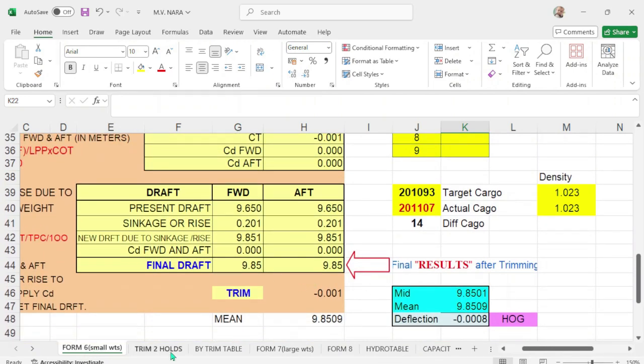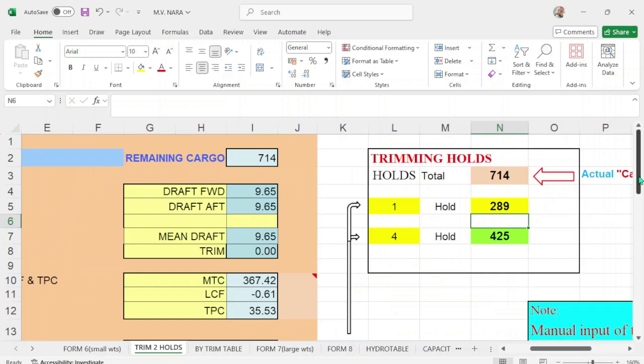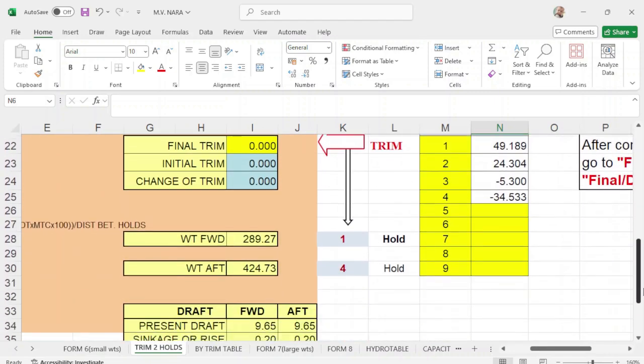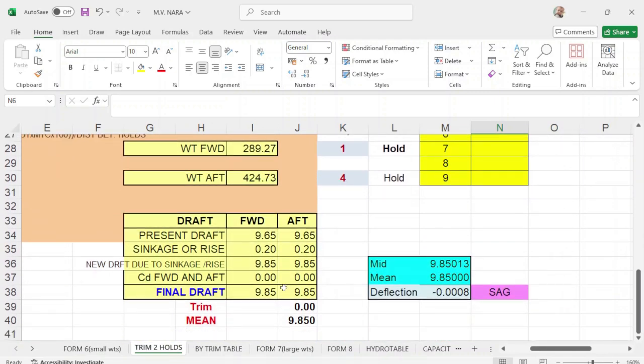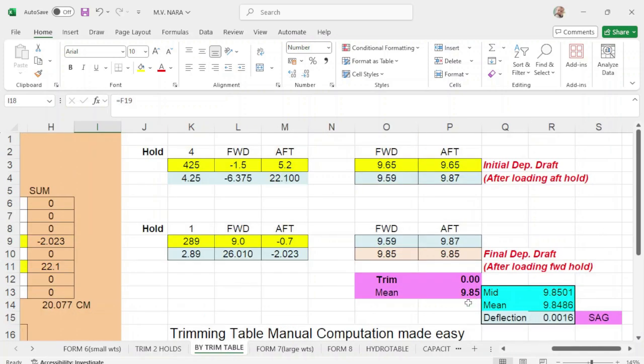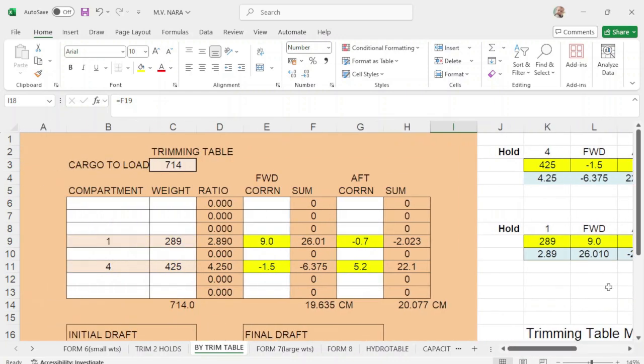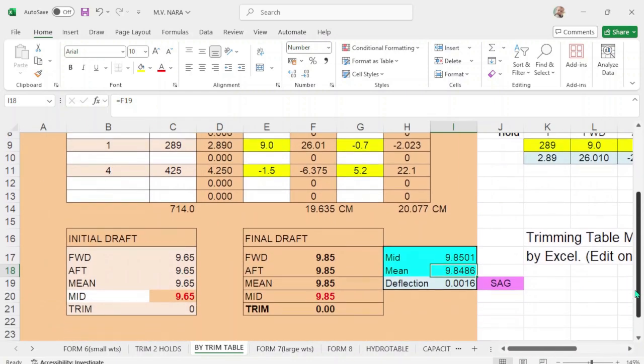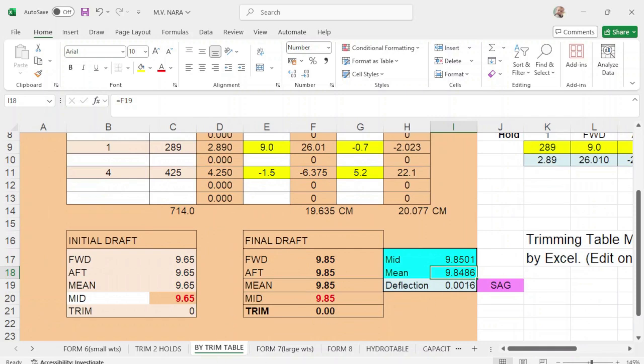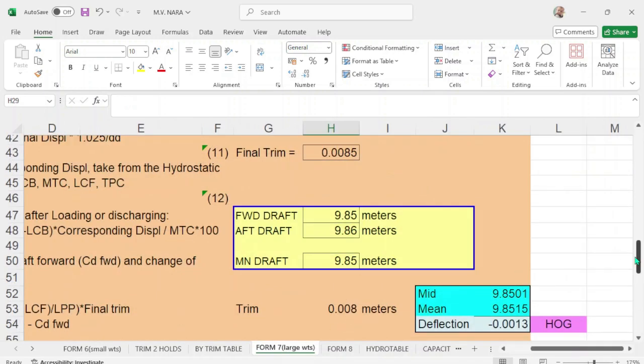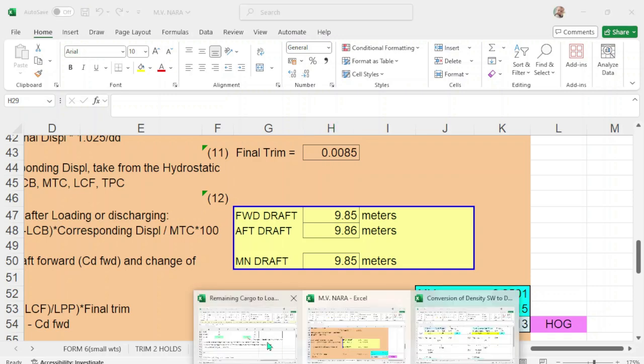Form number 6, trim 2 holes, your drop is the same, 9.85, even keel, zero deflection, and your trim table is the same, 9.85, zero deflection, and the other one is also the same, even keel, zero deflection. And here in form 7, you have even keel, zero trim, and zero deflection. And go back to the problem.